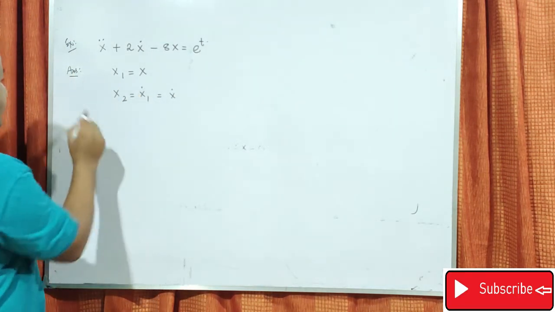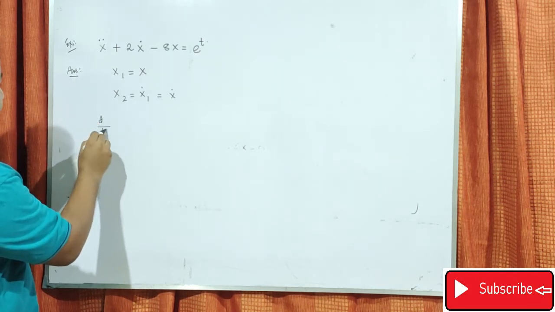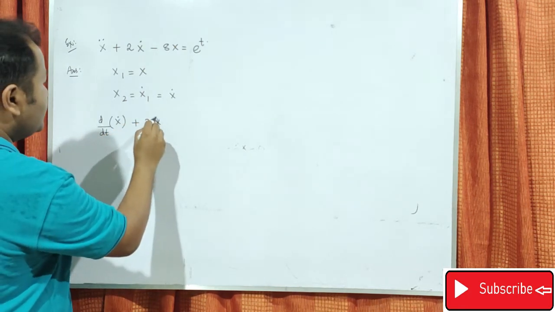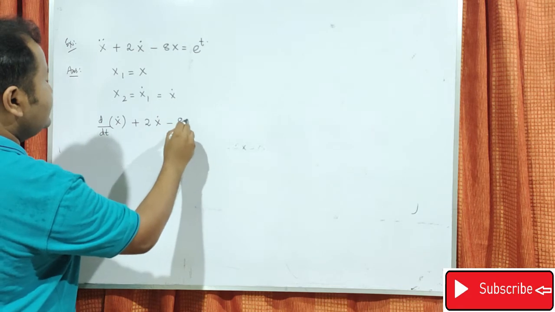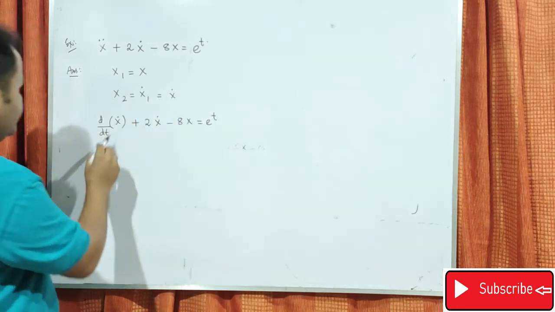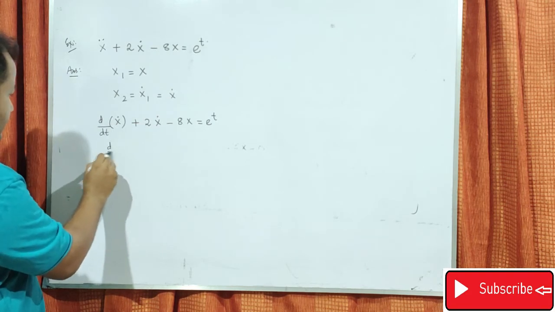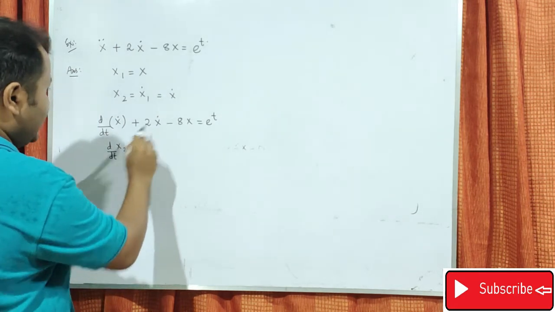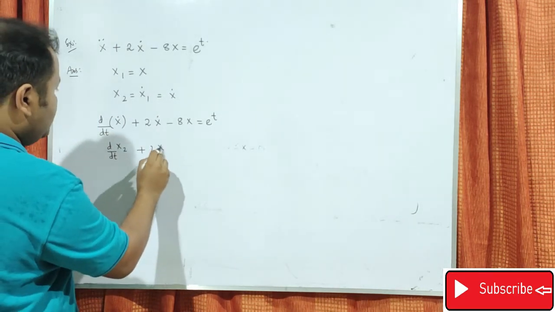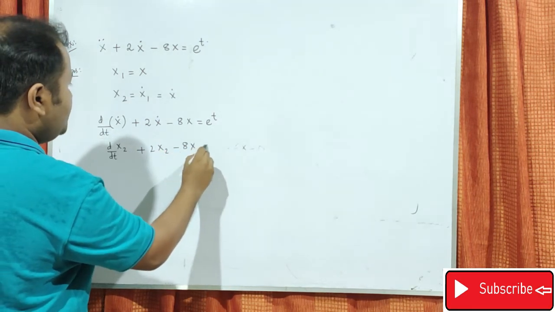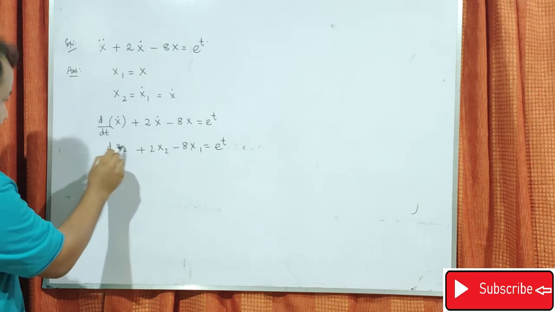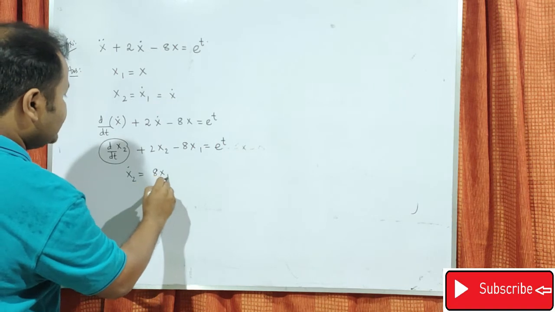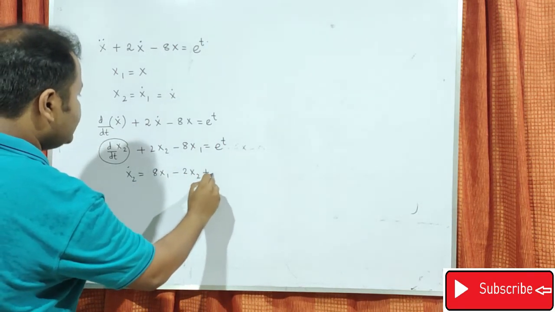Now if I concentrate on this one, this is basically d dt of x dot plus 2x dot minus 8x equals e power t. So x dot means d dt of x2 plus 2 x2 minus 8 x1 equals e power t. So this is actually x2 dot equals 8 x1 minus 2 x2 plus e power t.